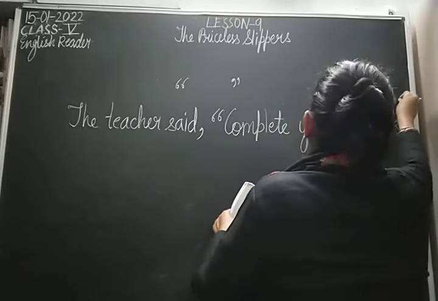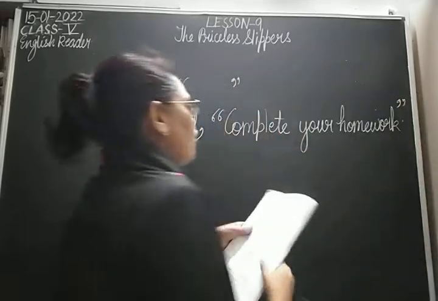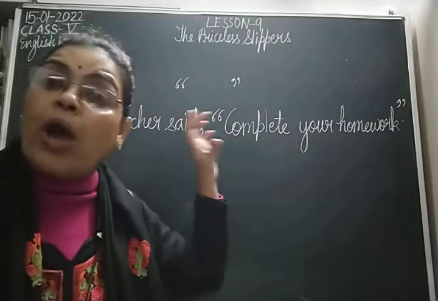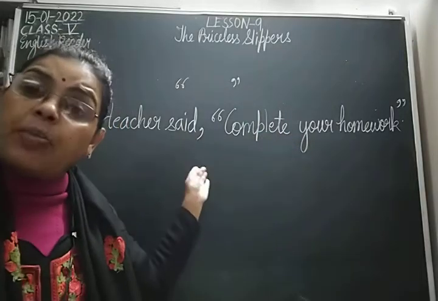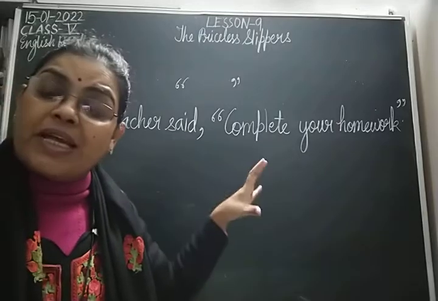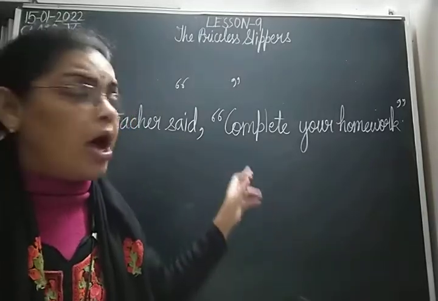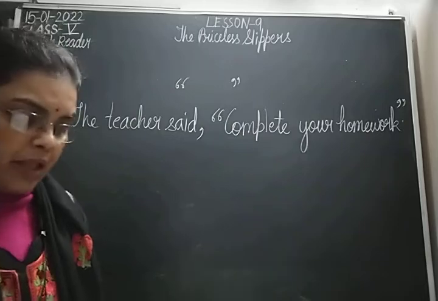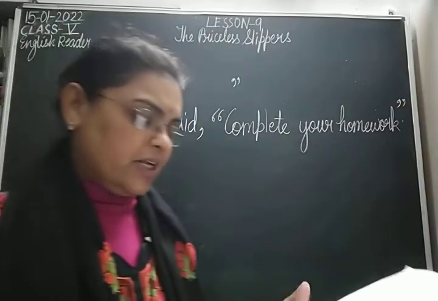The teacher said, complete your homework. तो ये हमने टीचर के वर्ड्स जो as it is ना उसमें से कोई वर्ड कम करना ना बढ़ाना, उन ऐसे वर्ड्स को जो जिसने कहा उसको as it is लिखते हैं तो हम हमेशा quotation marks के अंदर लिखते हैं.